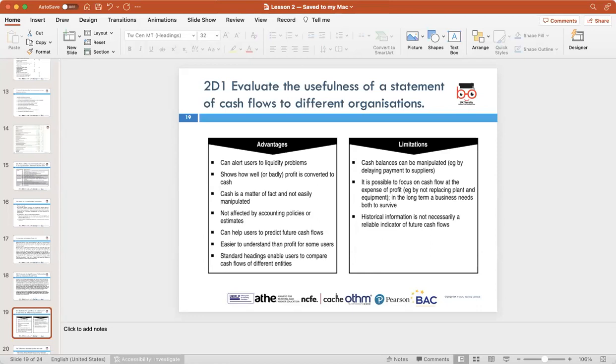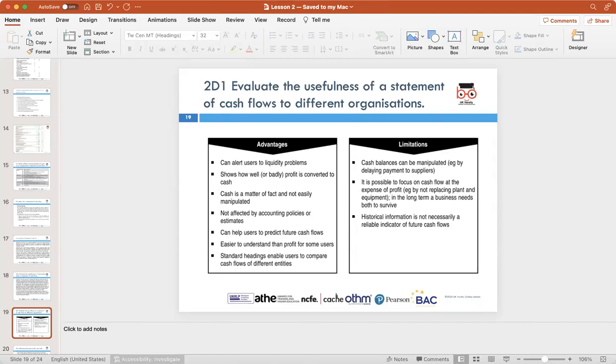Obviously, cash is a matter of fact and not easily manipulated, not affected by accounting policies or estimates. It can also help users to predict future cash flows, and is easier to understand than profit for some users. Standard headings enable users to compare cash flows of different entities.